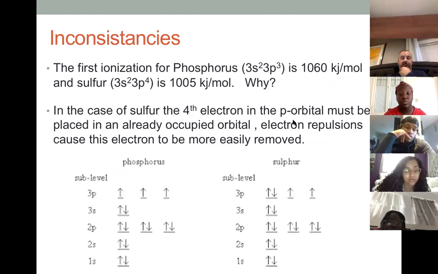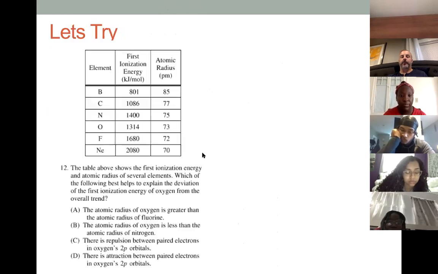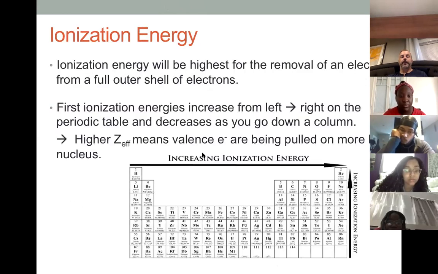So the last thing I want to talk about today is the weird exceptions we get. One of the weird exceptions to this: the first ionization energy of phosphorus is 1060, and for sulfur it's 1005. And we wouldn't predict that that would be the case, because when we go back, here's phosphorus and sulfur.